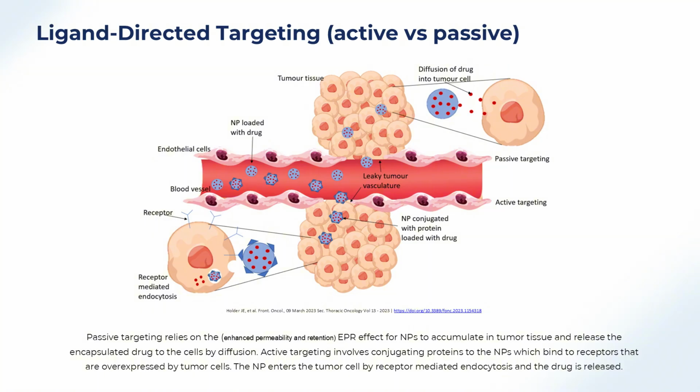Usually, the tumor tissues will have more leakage in their blood vessels and less active lymphatic drainage. So, due to that, the nanoparticles can accumulate exactly in that particular area, even without using specific ligands.